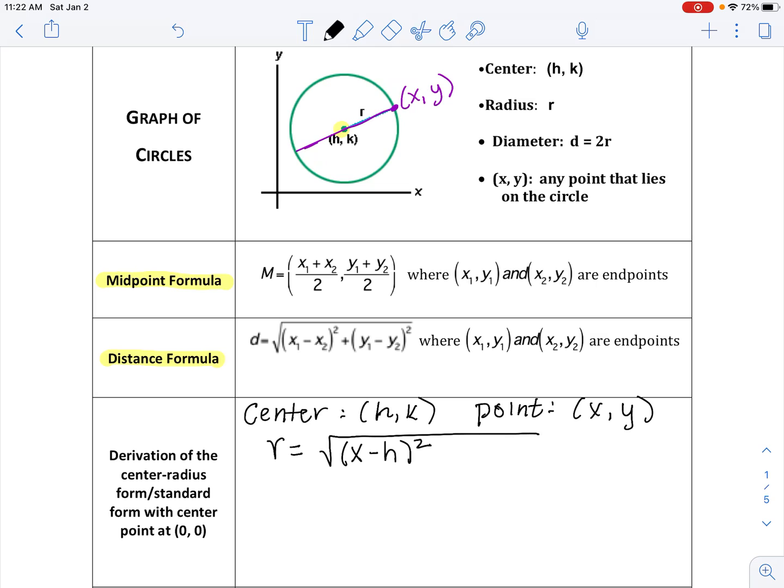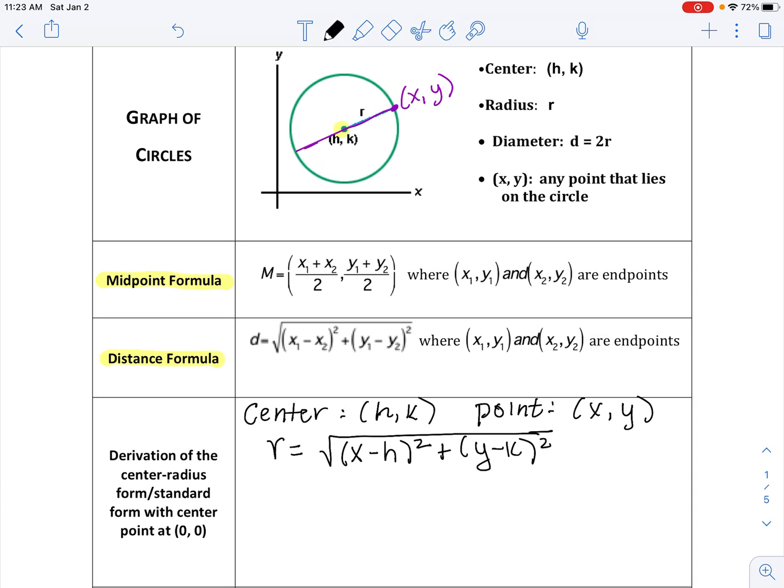So X minus H squared plus Y minus K squared. Now, that is the representation for the radius of that circle. It will always be the distance between any point on the circle and the center.